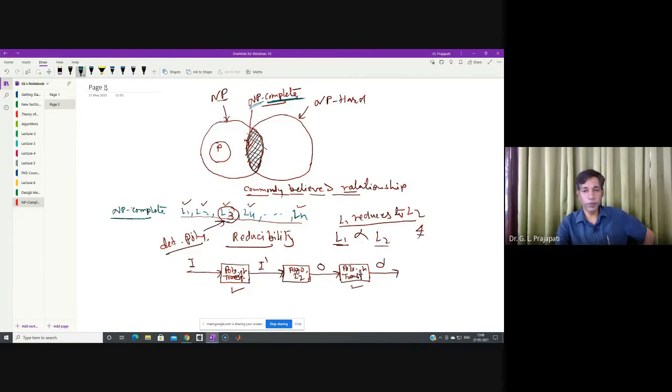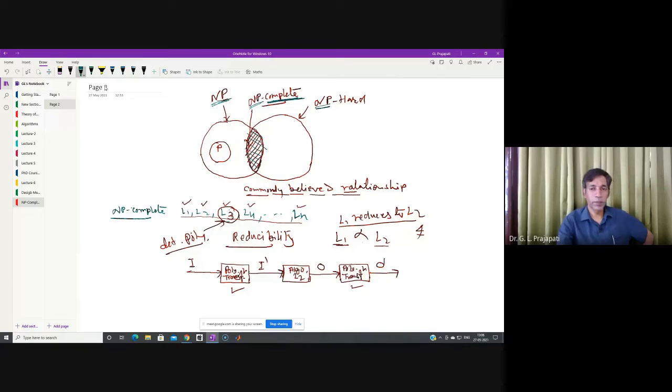Whenever you go for NP hard, the NP hard problems are harder as compared with the NP complete. Remember that NP stands for non-deterministic polynomial time, but here in NP hard, NP does not mean non-deterministic polynomial time. It says that it is harder than the NP complete.